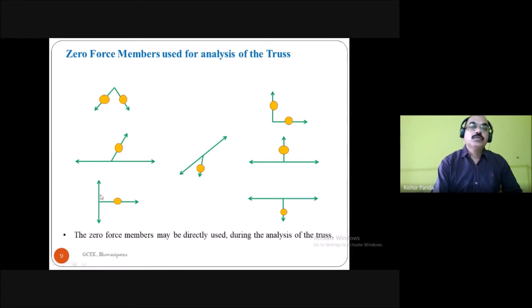Here also there are two vertical members and one horizontal member meeting at a joint. So this is the same straight line, and this is the third member. So here the force is 0, and here also the force is 0. So these are the different zero force members that you can use directly during the analysis of a truss.